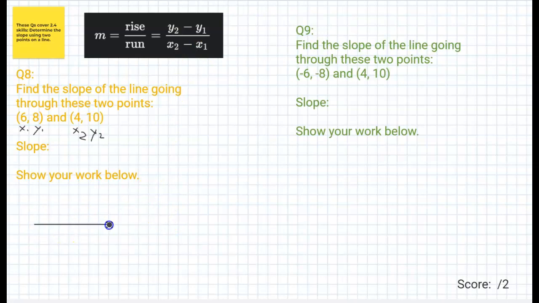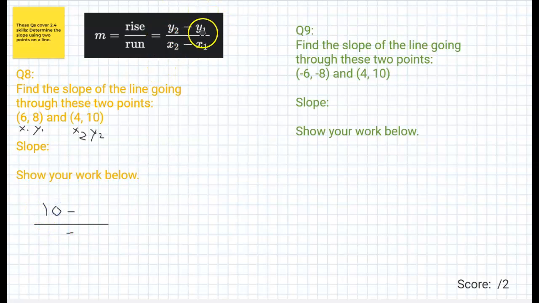So I'm going to have my y sub 2 minus my y sub 1, and then my x sub 2 minus my x sub 1. Now I look at my points and decide what is my y sub 2. I see that it's 10, so at this position in the equation, I put a 10.